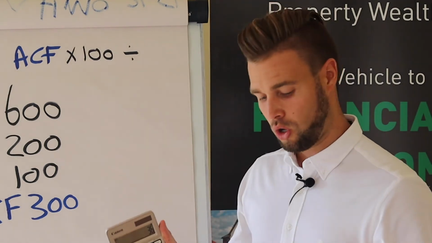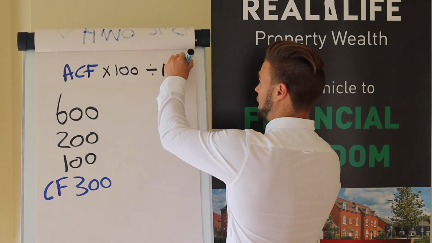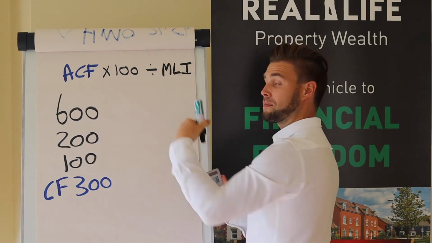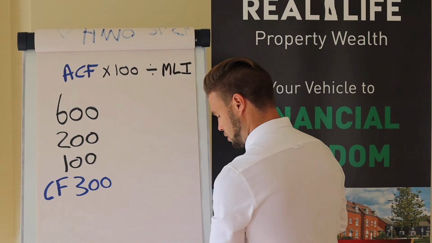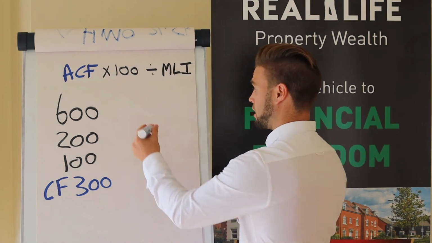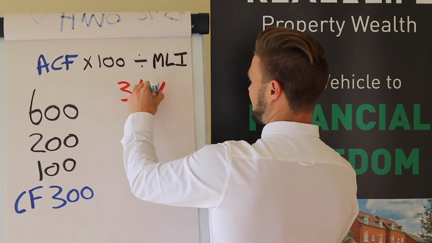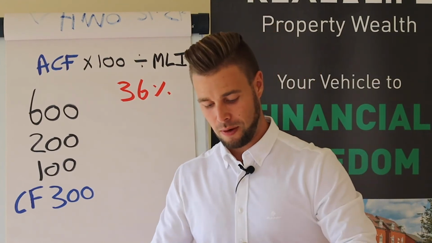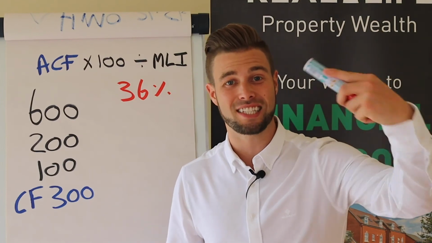So remember this formula: annual cash flow times 100 divided by the money left in. In this case, with £300 cash flow a month and £10,000 left in, this is going to give me a wonderful 36% return on investment.